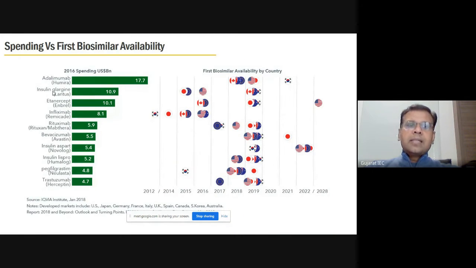Coming on to the spending on the first biosimilar availability, we start with Herceptin, that's trastuzumab, and then we go on to the latest one, Humira, which is adalimumab. You can see that there's a huge spending happening from various countries, and the various availability of these biosimilars over a period of time in various countries.